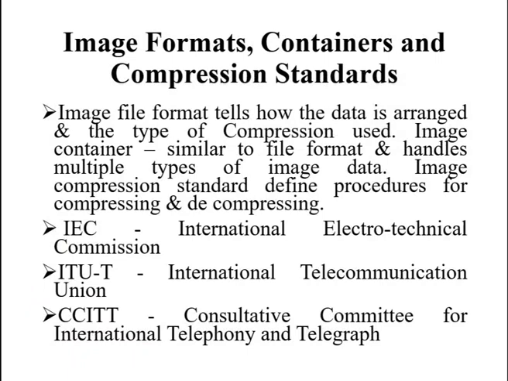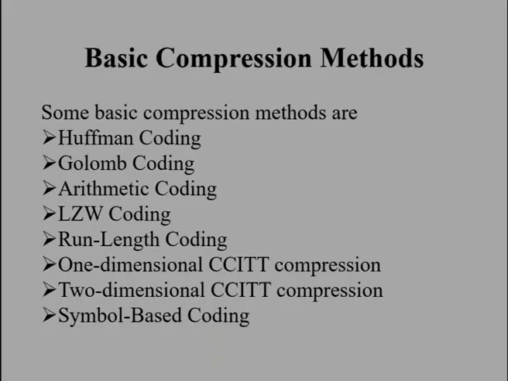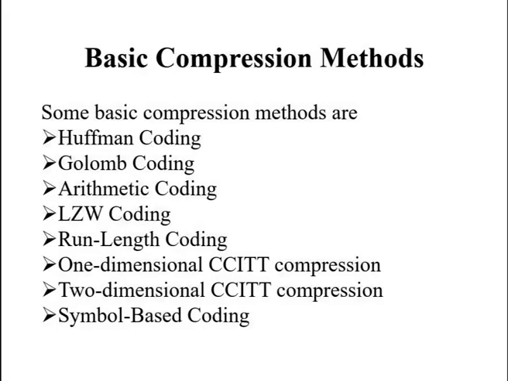The first step in Huffman's approach is to create a series of source reductions by ordering the probabilities of the symbols under consideration and combining the lowest probability symbols into a single symbol that replaces them in the next source reduction. The figure illustrates this process for binary coding. At the far left, a hypothetical set of source symbols and their probabilities are ordered from top to bottom in terms of decreasing probability values.